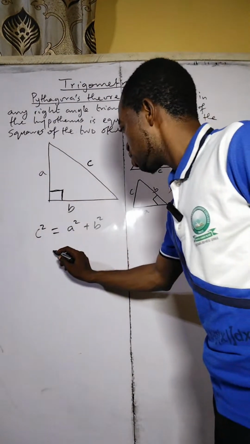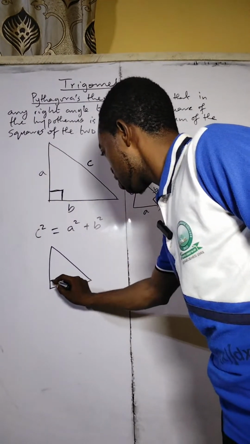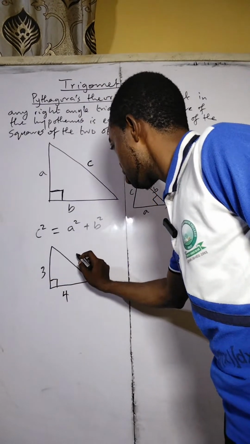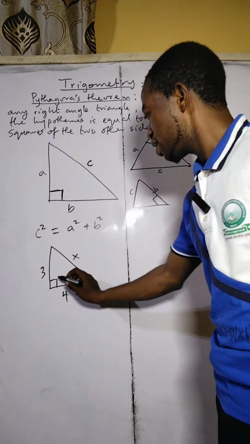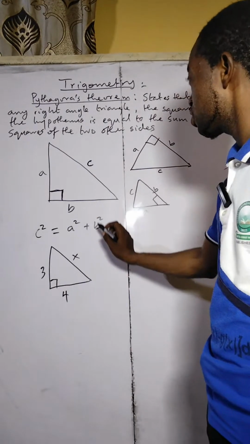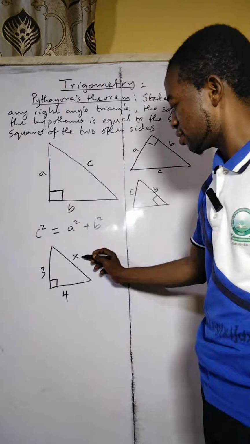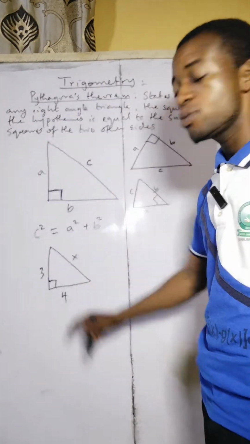Now, if we are given this right angle triangle, and this side is 3, this side is 4, and this side is x, which is missing, we can get the missing side using Pythagoras theorem. The x we are finding faces the right angle, which means it is the hypotenuse.